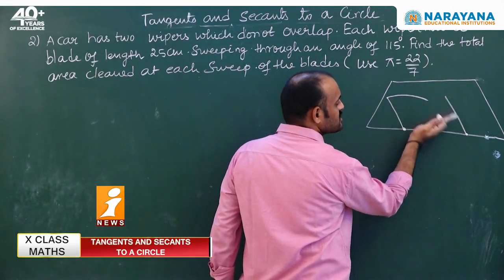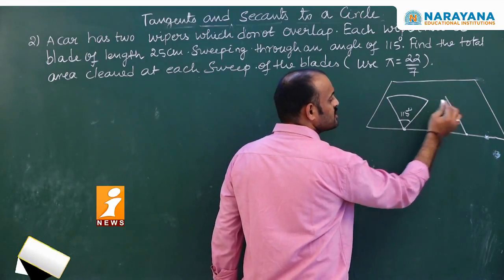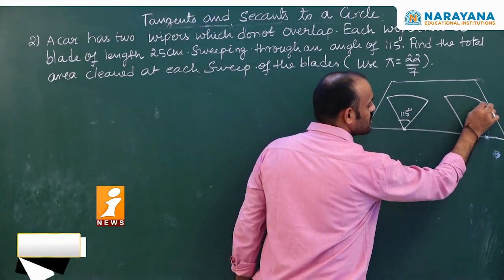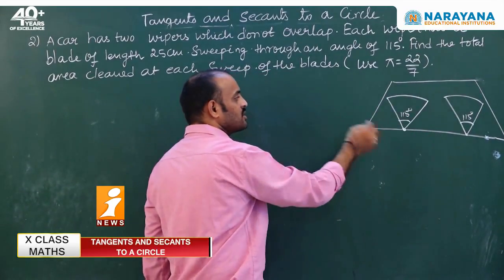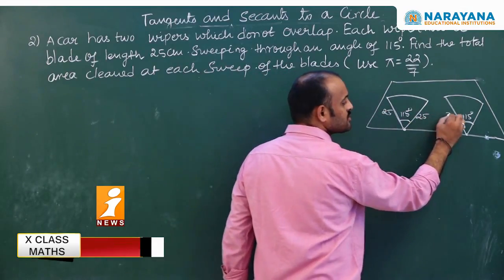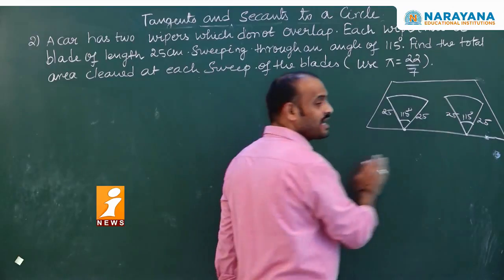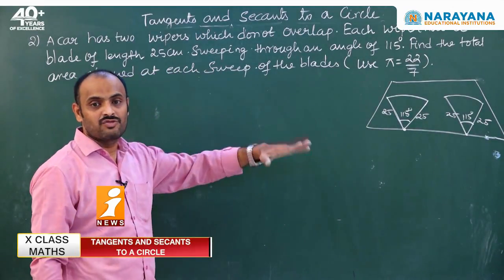It is sweeping like this at an angle 115 degrees. Here also it is sweeping an angle 115 degrees. So the blade length he has given as 25 centimeters. How much area is swept by the blades at each sweep?